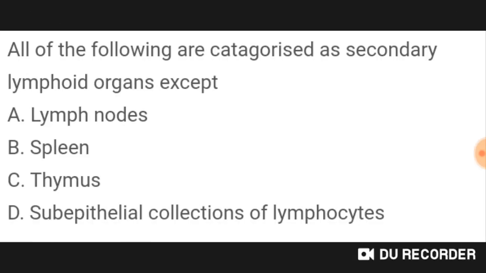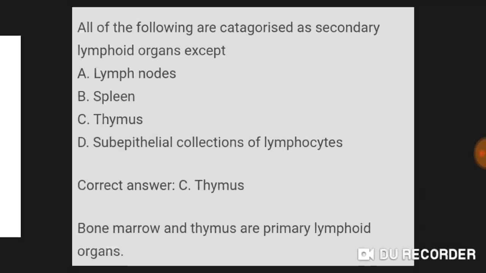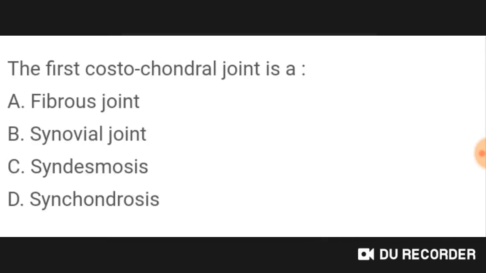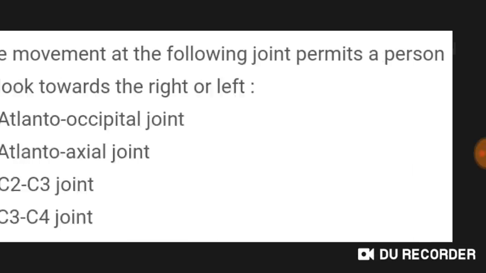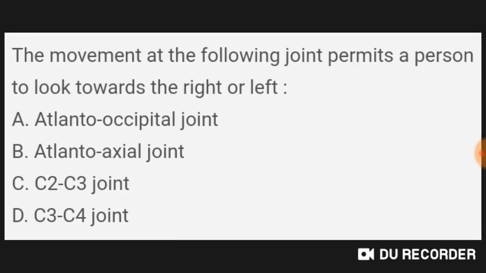All of the following are categorized as secondary lymphoid organs except thymus. First costochondral joint is a synchondrosis. The movement of the following joint permits a person to look towards the right or left. That is atlantoaxial.